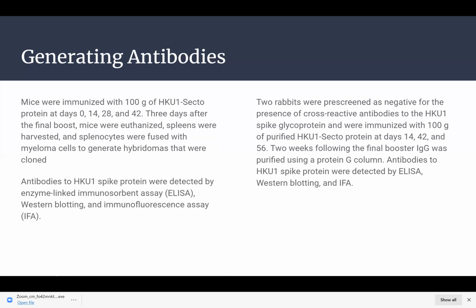Along with this, 2 rabbits were pre-screened as negative for the presence of cross-reactive antibodies to the HKU1 spike glycoprotein and were immunized with 100 micrograms of purified HKU1 ectodomain protein at days 14, 42, and 56. 2 weeks following the final booster, the IgG was purified using a protein G column, which they also used earlier when looking for the purity. And the antibodies to the HKU1 spike protein were detected by ELISA, Western blotting, and the IFA, in the same way that they used it for the mice.